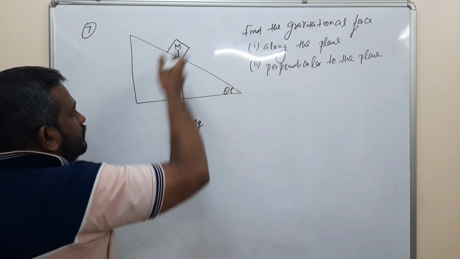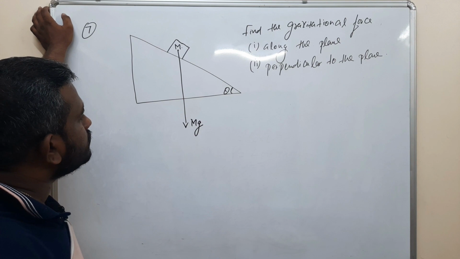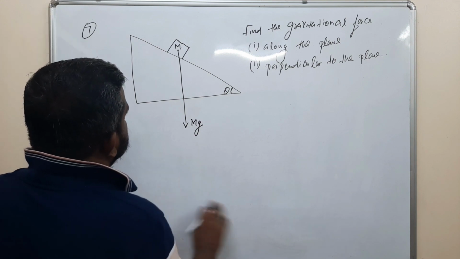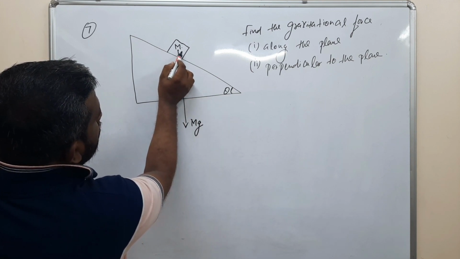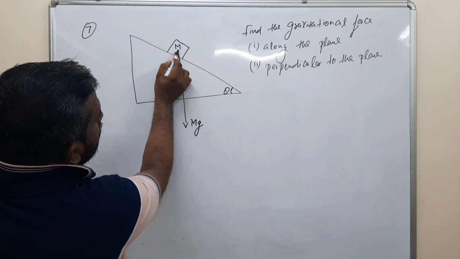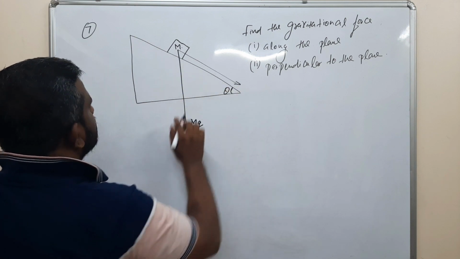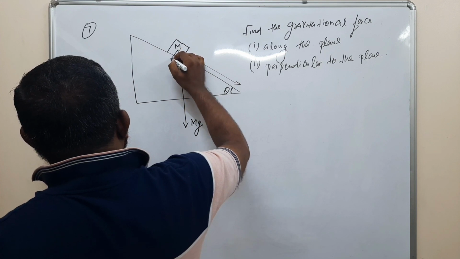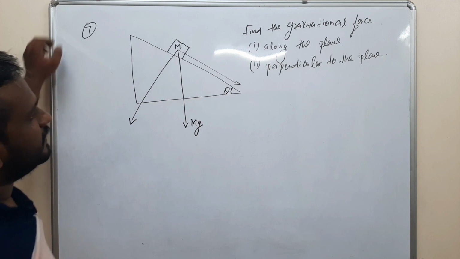So this is along the plane, and this is the perpendicular to the plane.